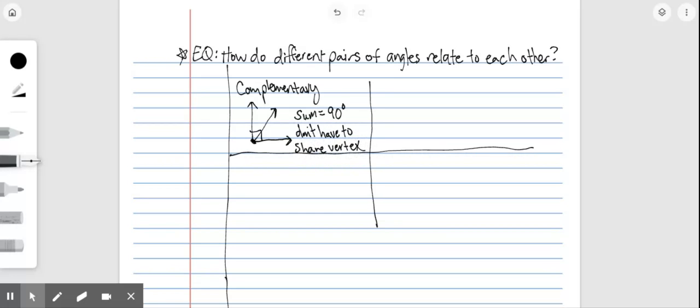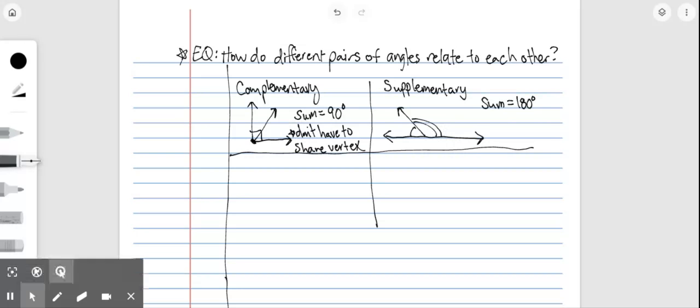Okay. The second one is supplementary angles. Supplementary angles are angles that sum to 180 degrees. Similarly to the last one, they don't have to share the same vertex.